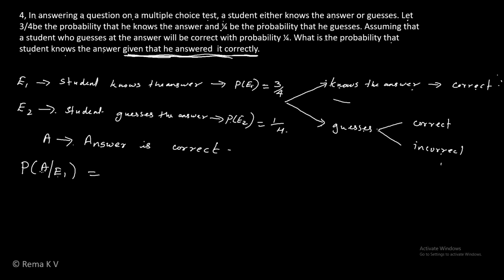This is a certain event or a sure event. When he knows the answer, it will be correct. So what is the probability? It is a certain event or a sure event. If the student knows the answer, it will be correct.